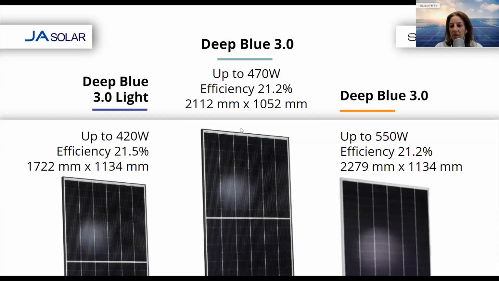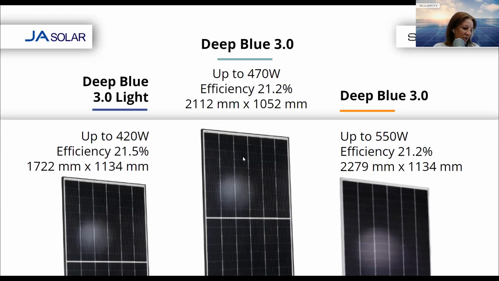Definitely one of the favorite models from them is the 550. And if I get the two warranties right, it should be again around 12 years as a product warranty, and 25 years of linear power warranty for those models from JSolar.